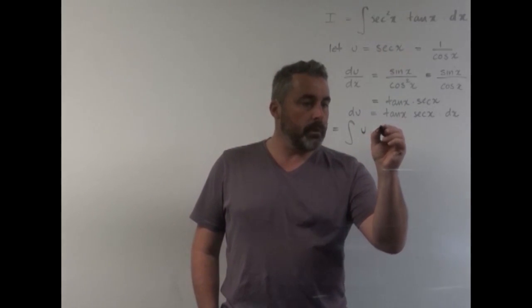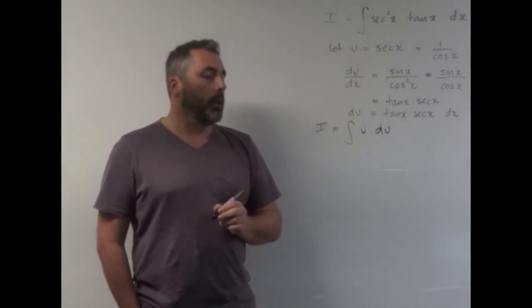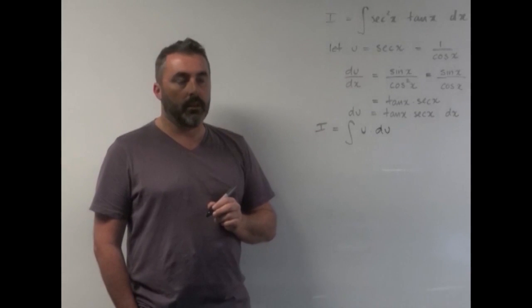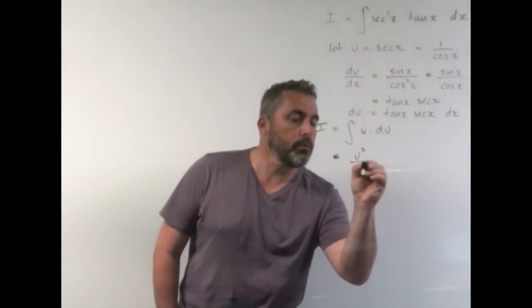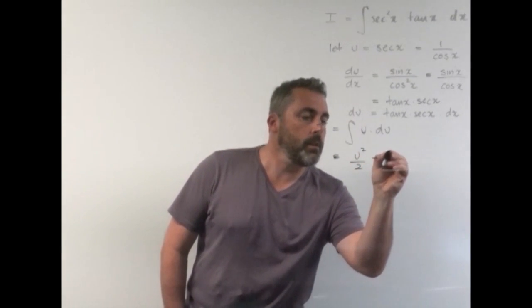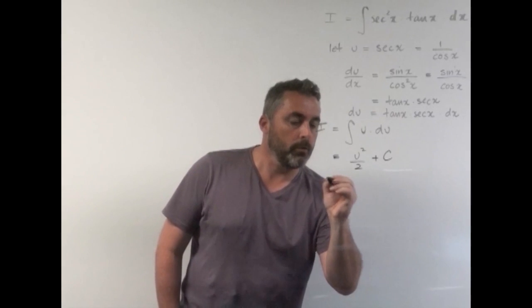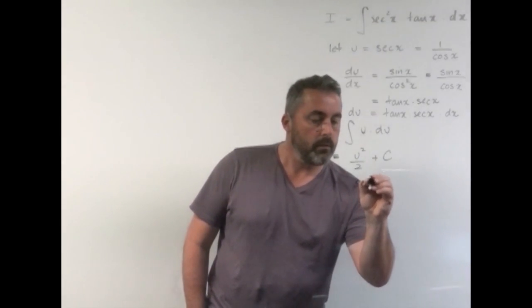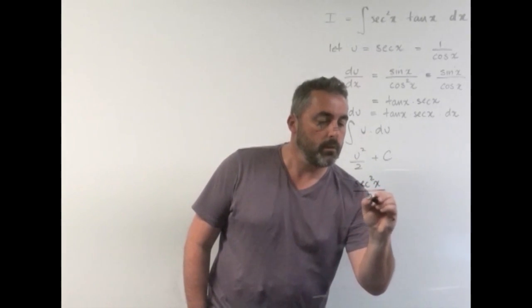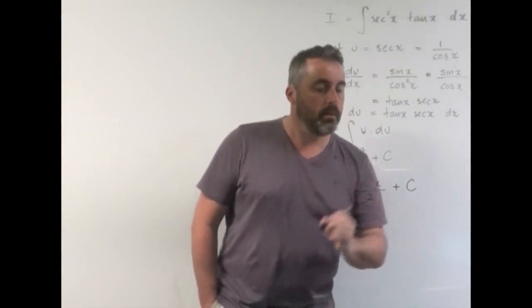So this integral turns out quite nice. The integral of u du, and so that's very easy to do. It's just going to be u squared on 2 plus c, and so our integral ends up being sec squared x on 2 plus c.